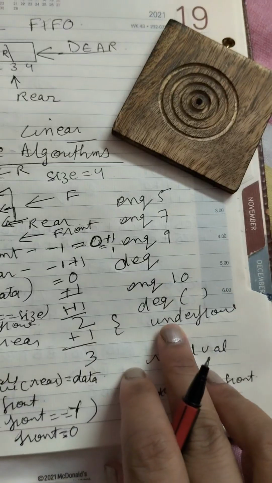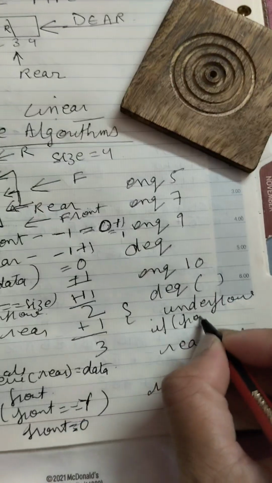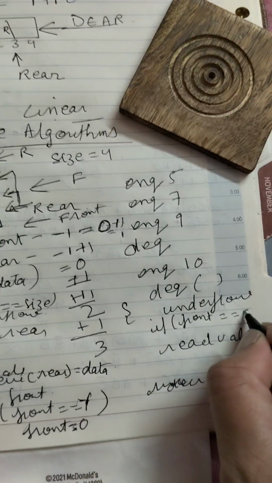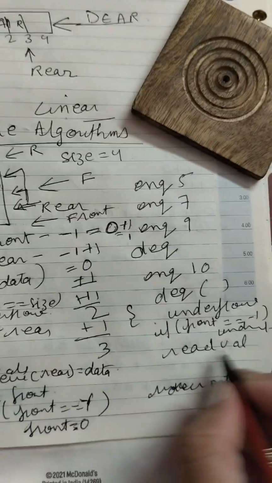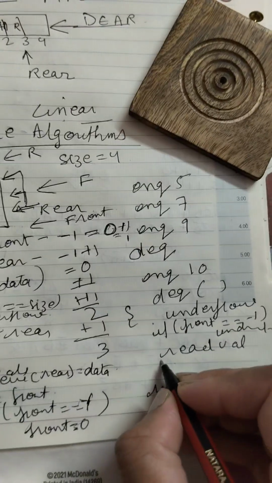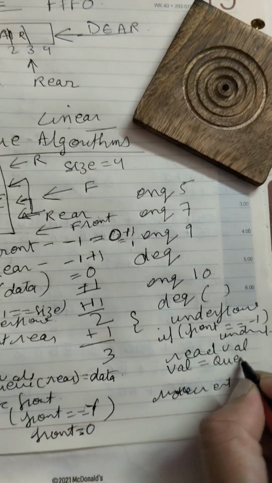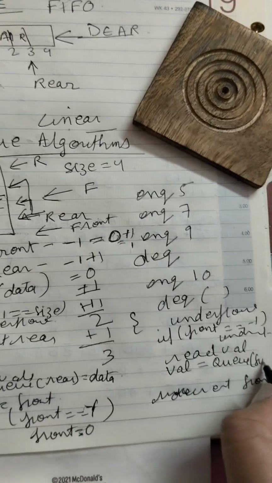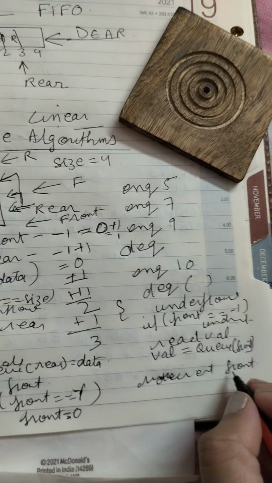So what we will check here for underflow: the condition is if front is equal to minus 1, it is an underflow, so we will print this message. Then read the value. In a temporary variable val, we will read the value of q at front, and then I have to increment the front.